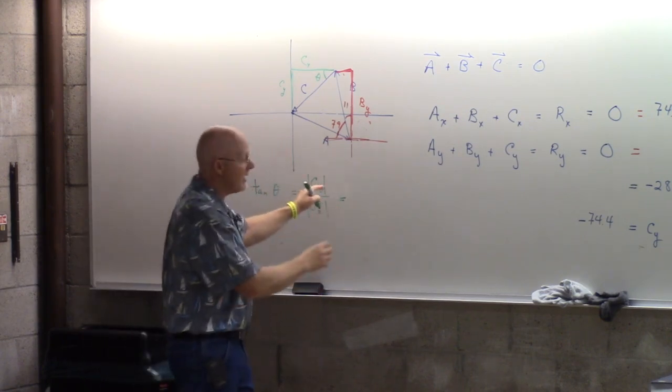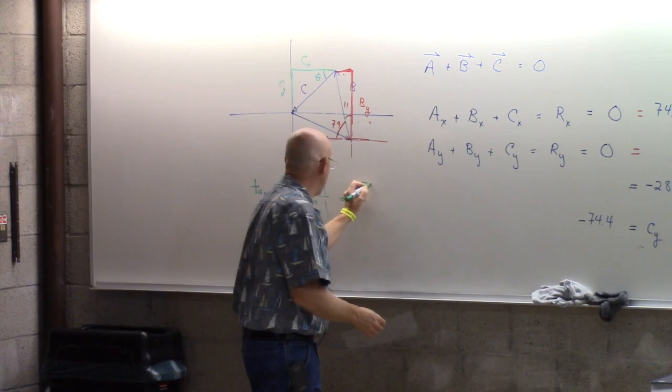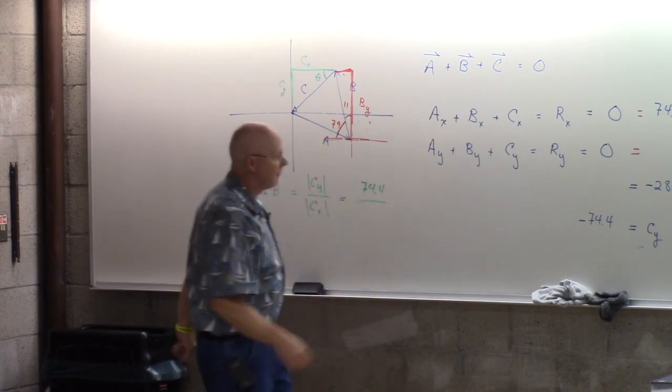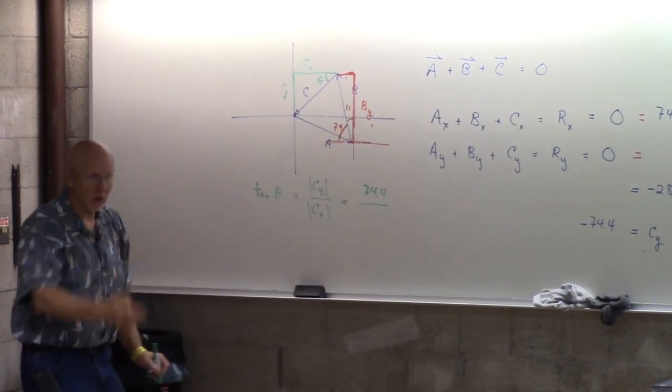So instead of writing a negative cy, I will put a positive 74.4.